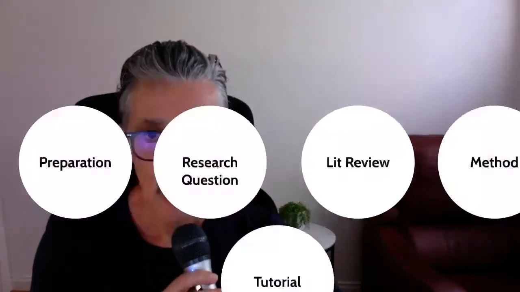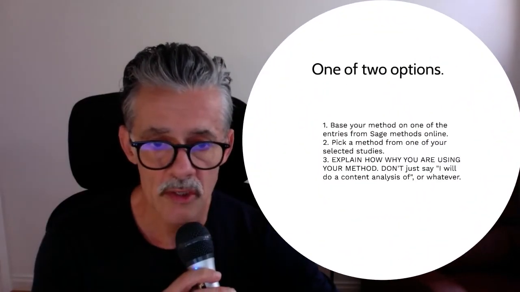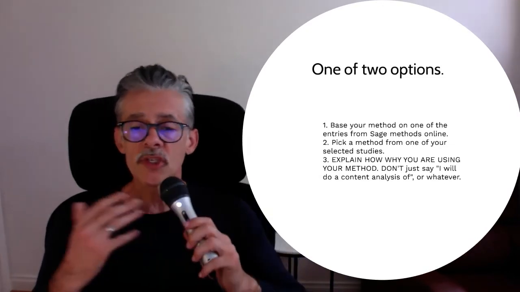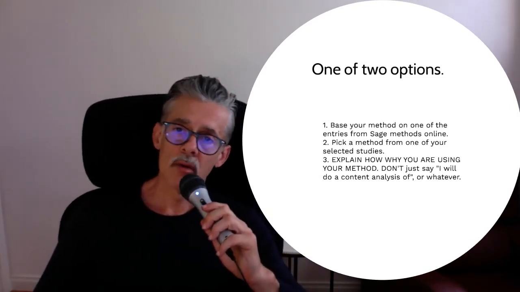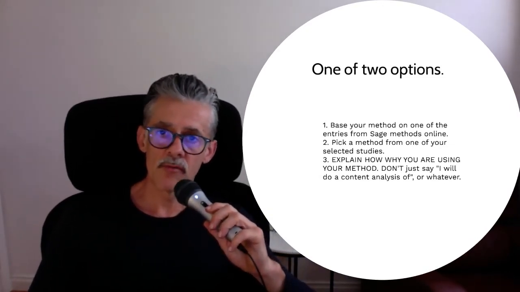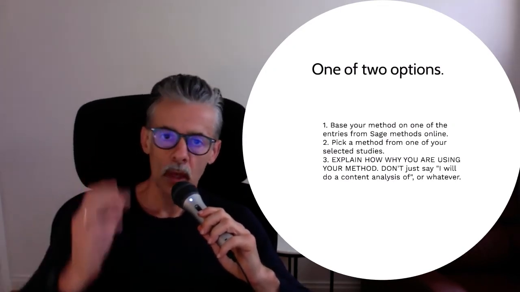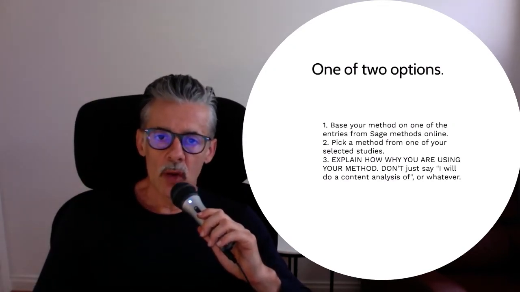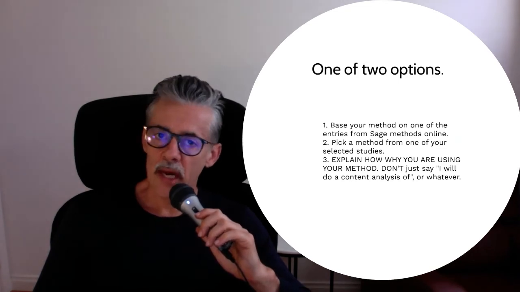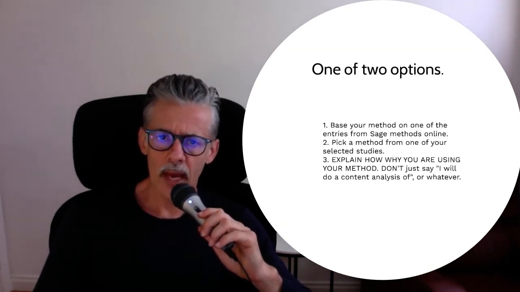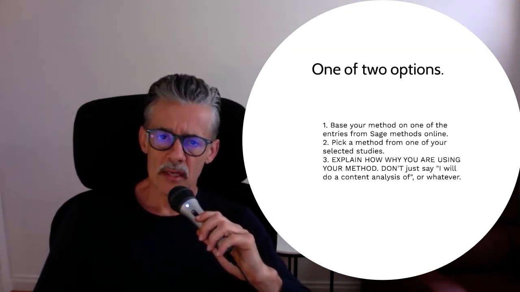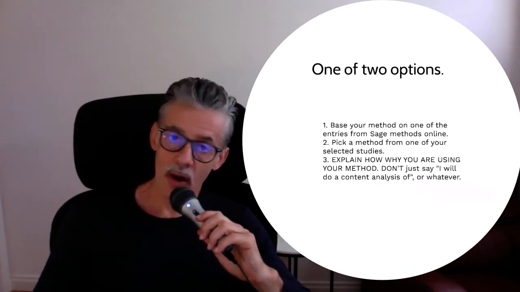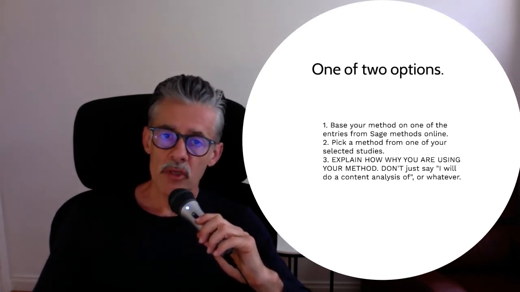And then our third section is the method. Now, your procedure for going about selecting a method is pretty straightforward. You can do one of two things. In one of the videos, I will have shown you how to access Sage Research Methods online. And what I want you to do is to go into that resource and, in the way that I explain in the video, find a research method that you can use for your research question.